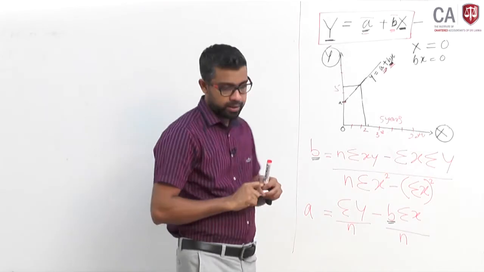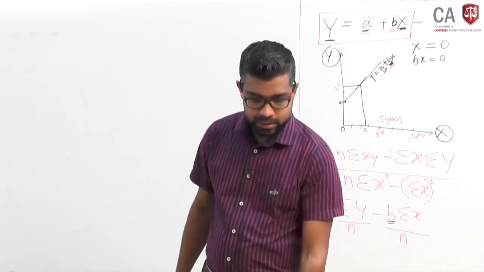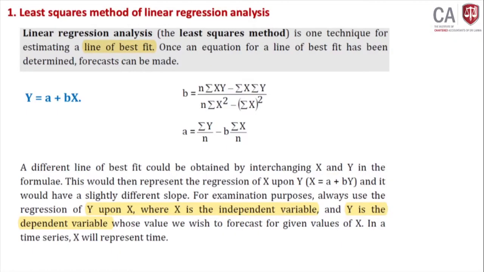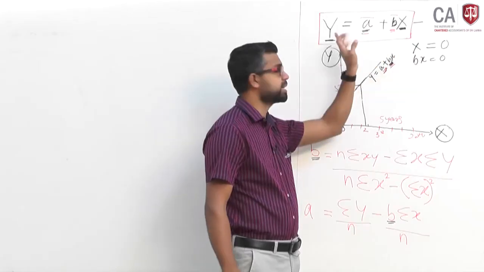Right? Fine. The equation is there in the slide. If you read it further, a different line of best fit could be obtained by interchanging x and y in the formula. Different line for best fit you can observe by changing x and y.